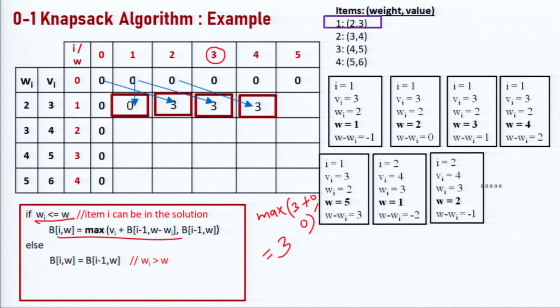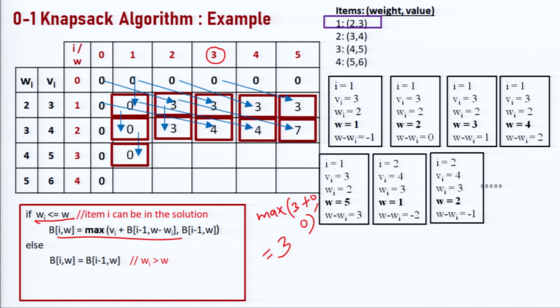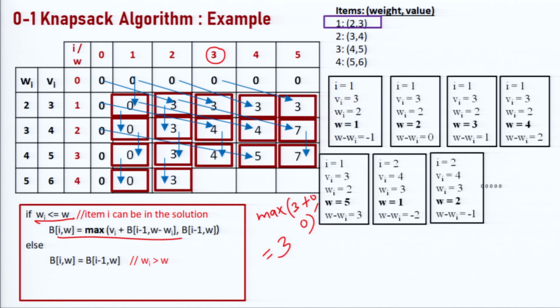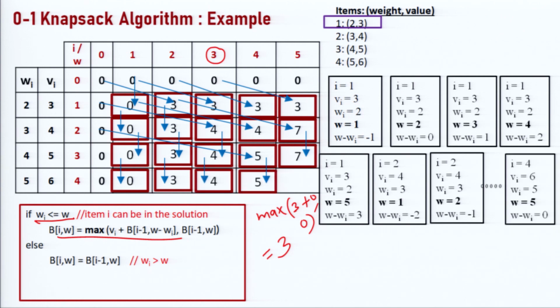Just see here, next block it will also evaluate 3, next block it will also evaluate 3, next block 0, 3, 4, 4, 7, 0, 3, 4, 5, 7, 0, 3, 4, sorry 5. Now for this block, what is the value of W_i?